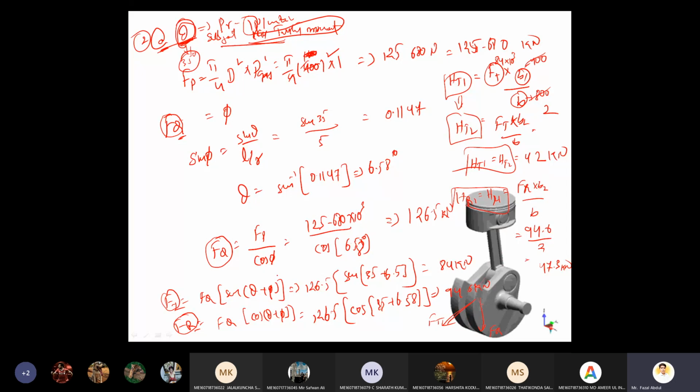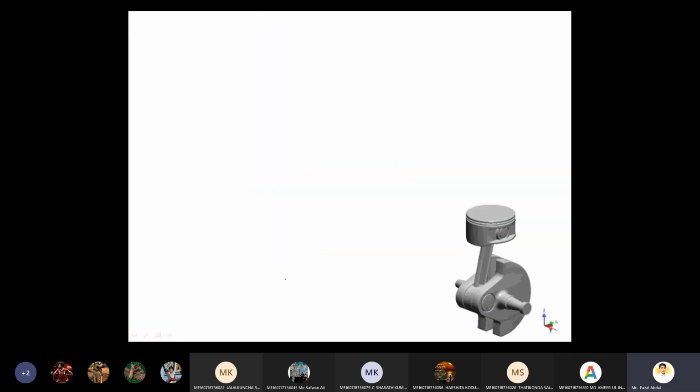Now see here, the continuation of this problem. Due to the tangential force, there will be two reactions at bearing 1 and 2. Here one bearing is located at this end and another bearing is located at this end, so at the two ends we have two bearings. This is the first bearing, this is the second bearing.